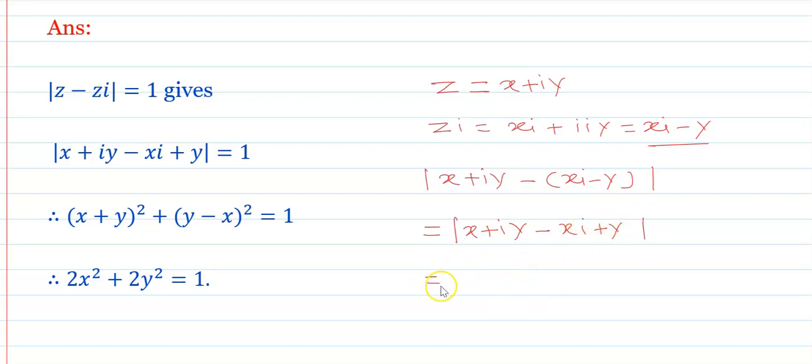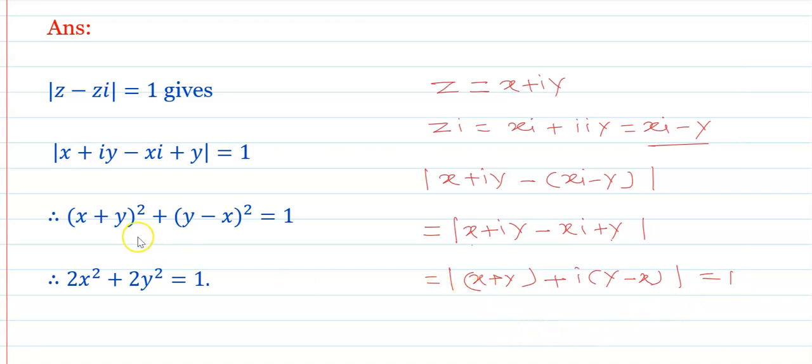Okay. Then collect the real part. What about the real part? x plus y. Here is x plus y, and collect the i from these two terms. Then y minus x bracket complete. Okay. And this value is equals to 1. Okay.